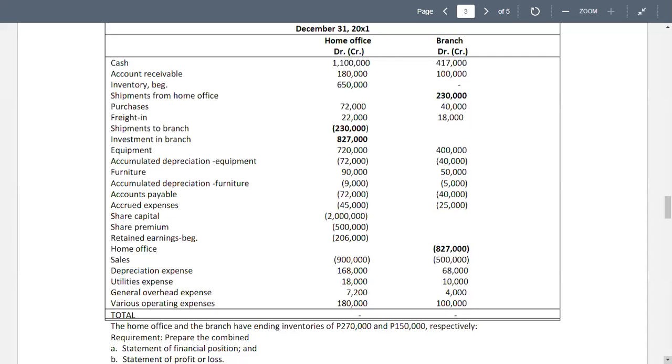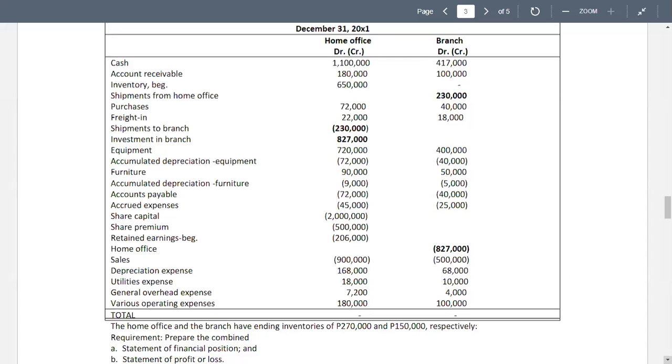Okay, so we are now ready to extend to your combined balances. Debit, credit. Again, for credit, you have that in parentheses. Okay, first, we have cash. The total cash is 1,517,000.